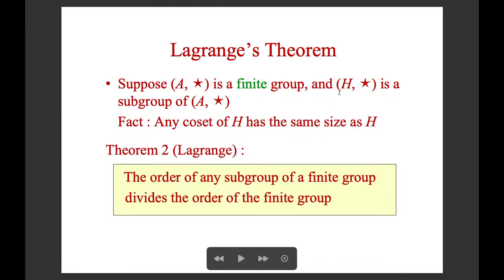Then A is partitioned into different subsets, each of the subsets is a coset of H, and each has the same size as H. So the size of A will be a multiple of the size of H.